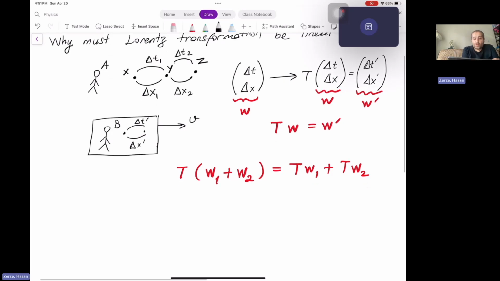And suppose the separation between the X and Y is represented by the vector W1, and the separation between Y and Z is represented by W2.